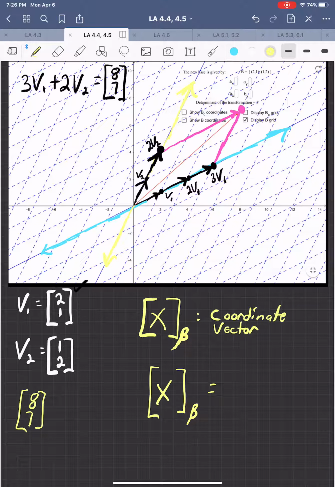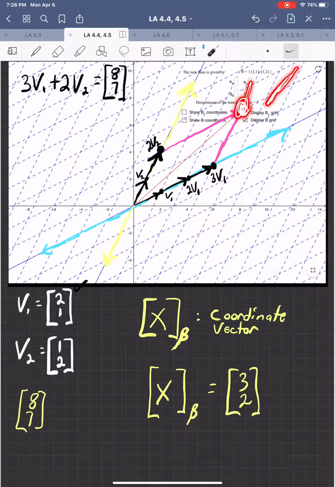So ready? Are you okay? So the point 8, 7 is the same as the point 3, 2 in this new basis. Does that make sense to you? Like, look right up here. Follow me.